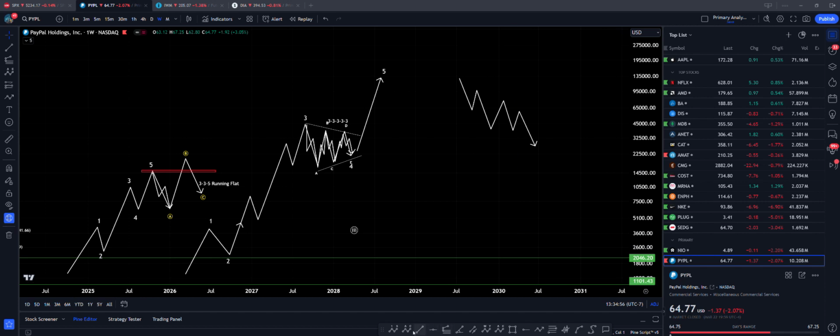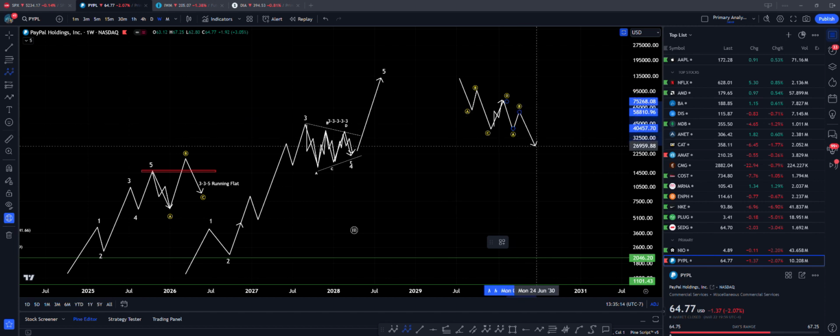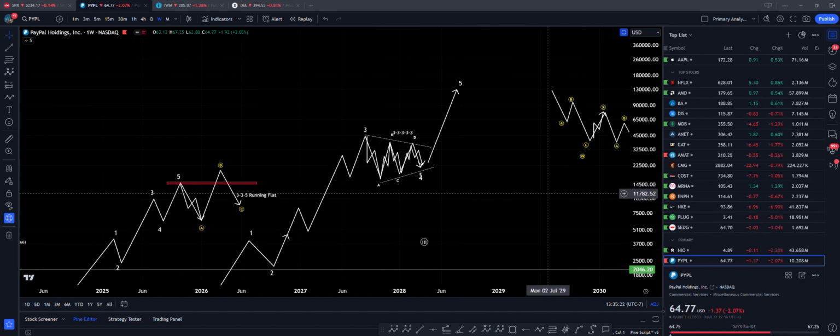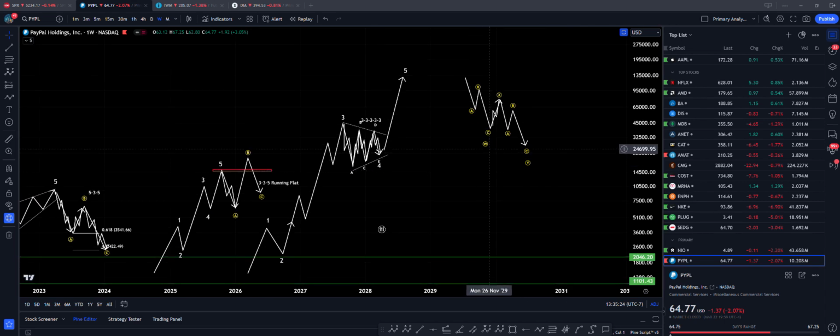While you have three waves here, you'll actually have three waves within this as well, and then you'll have three waves here too. They all are zigzags, but the way you put them together is a WXY. This is how the notation works here. It's a 3 3 3 structure.